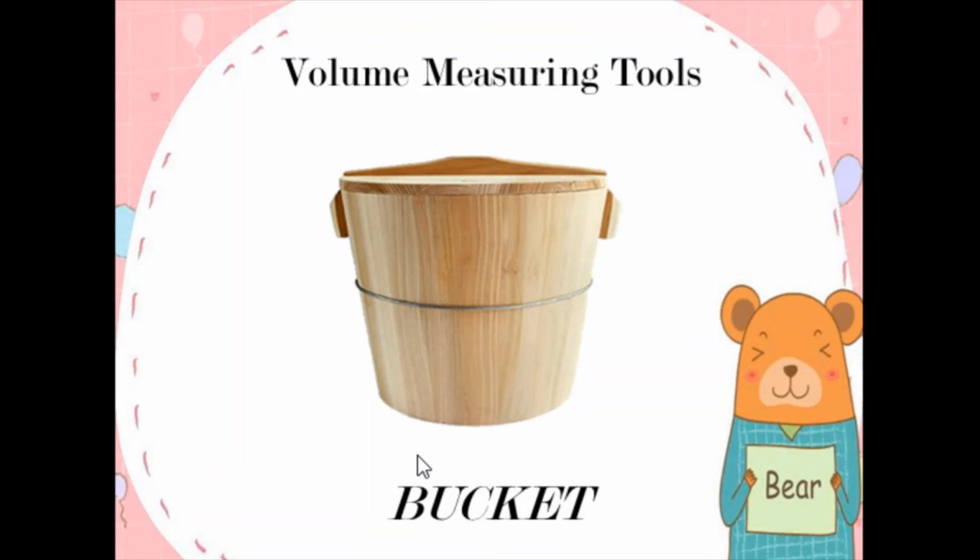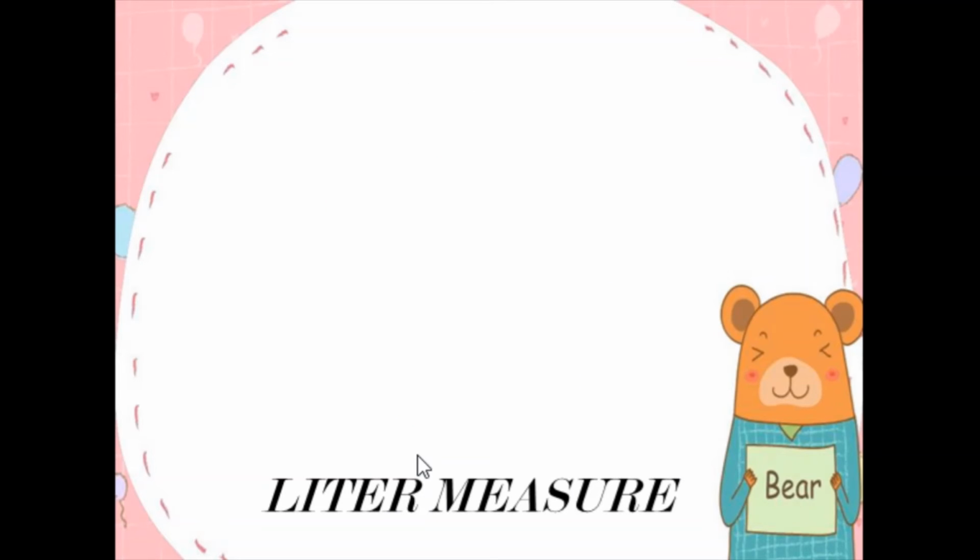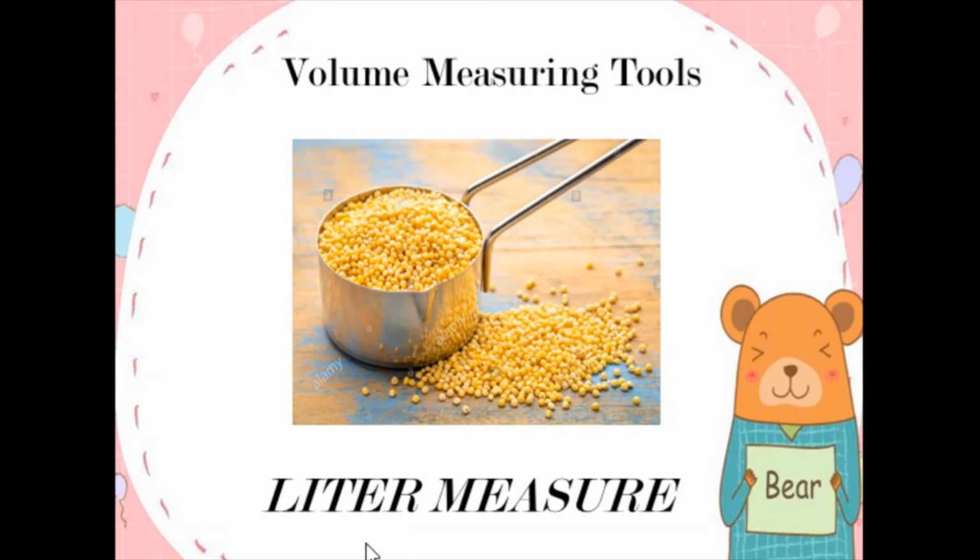Next, another tool to measure dry goods is a liter measure. Again, this is a liter measure. Can you repeat after me? I say first, then you say after. Liter measure.